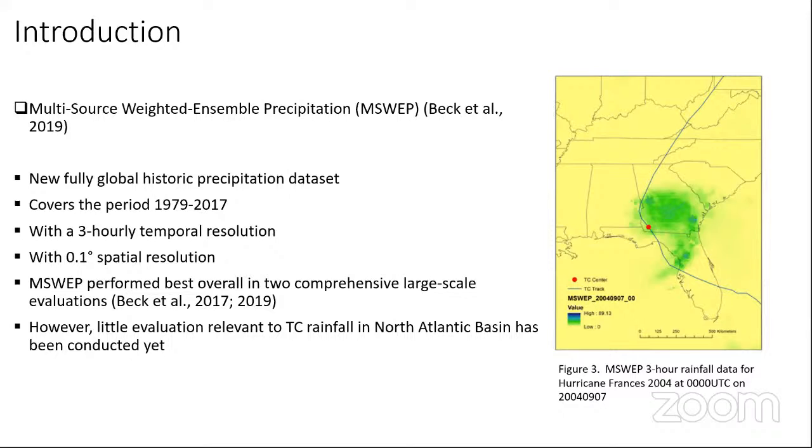Compared with TRMM, MSWEP is a truly global data set with 0.01 degree spatial resolution. Furthermore, MSWEP provides a continuous precipitation record for around 40 years, almost 2 times as long as TRMM.